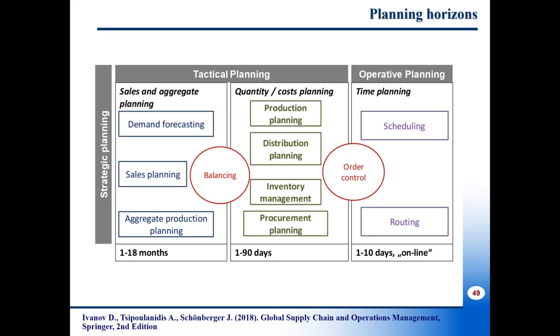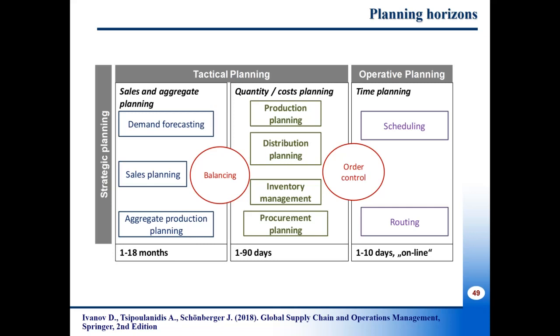Strategic decisions include strategic supply networks and capacity planning. Tactical decisions use information from strategic decisions and determine planning policies for some months. Tactical decisions need to balance sales and aggregate planning and quantity and cost planning.